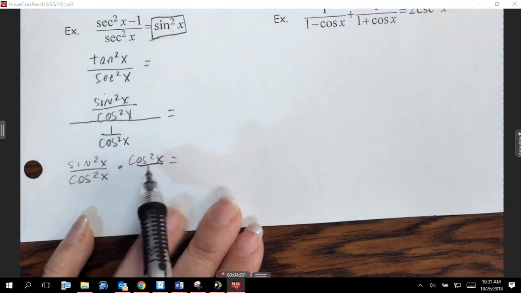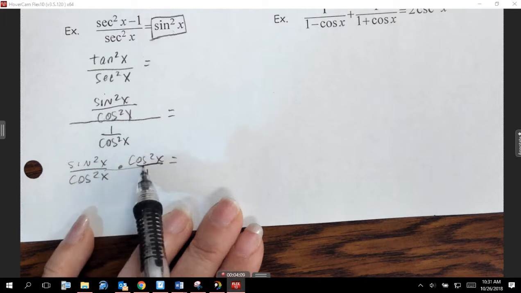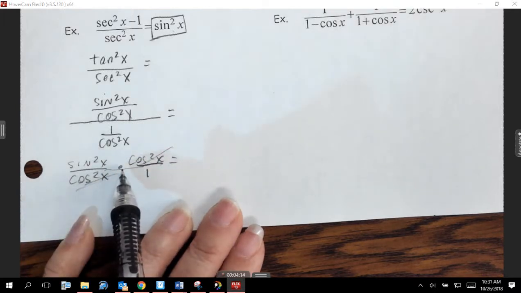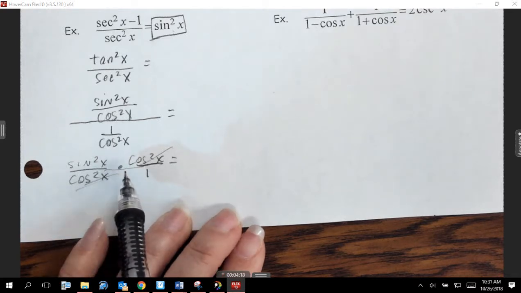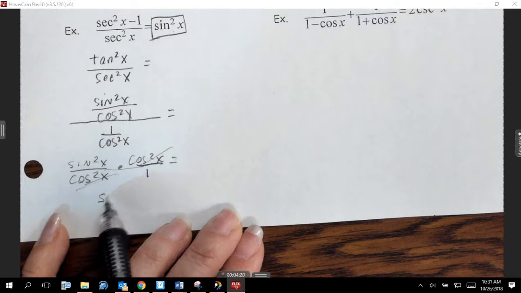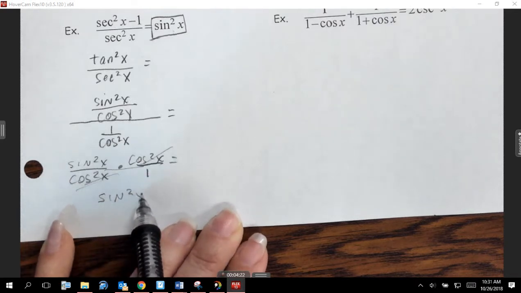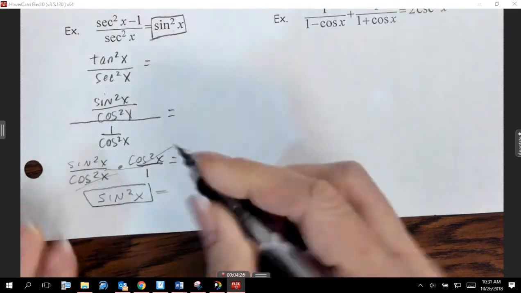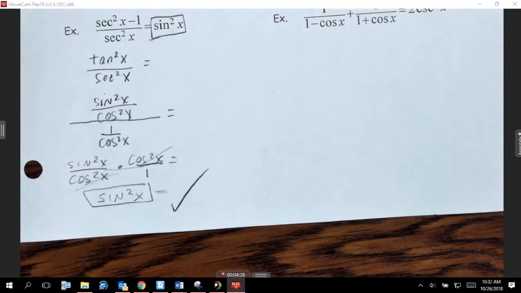What happens when I multiply? Cosines cancel. I can cancel if there's multiplication. When can I not cancel? Addition and subtraction, right? Don't be that person. So I get sine squared. Ooh, that's what I wanted. Yay! So now I'm done. It's like a big surprise. What? I got it?